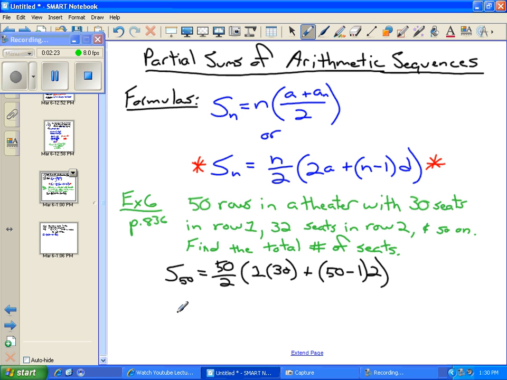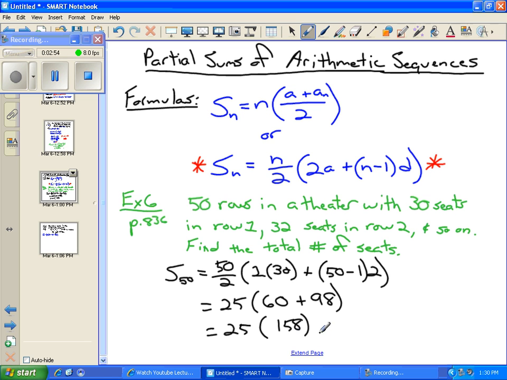All right. 50 divided by 2 is 25. 2 times 30, that's 60. It's going to be 49 times 2. 49 times 2 is 98. So keep going with it. It's 25. 60 plus 98 is 158.